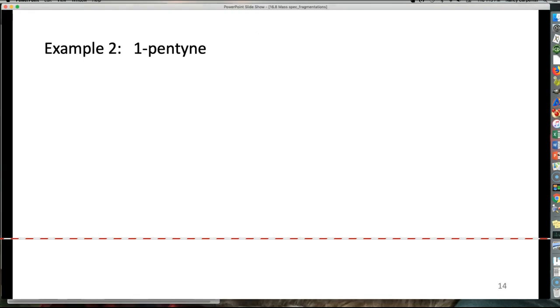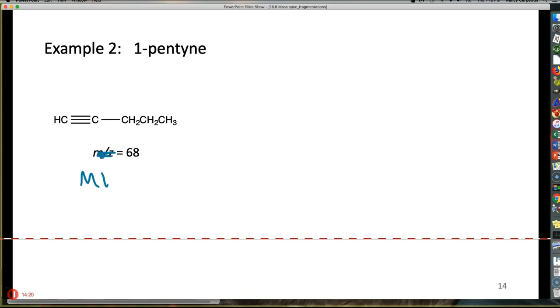How about 1-pentyne? Well, there's the molecular weight, I should say, for 1-pentyne, 68. And where would I expect to see the molecular ion form? Well, certainly from the pi molecular orbital.